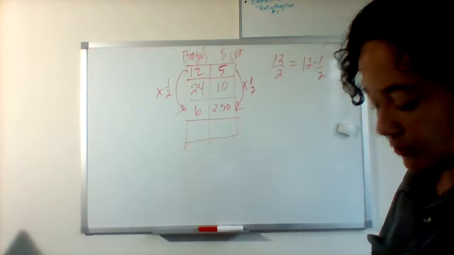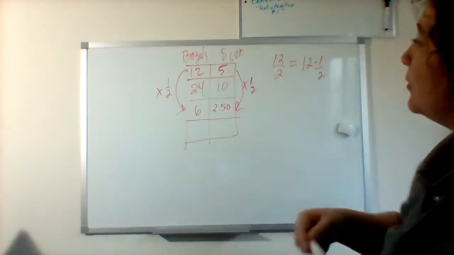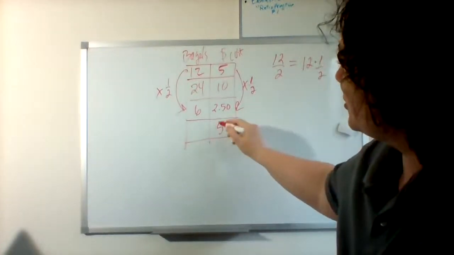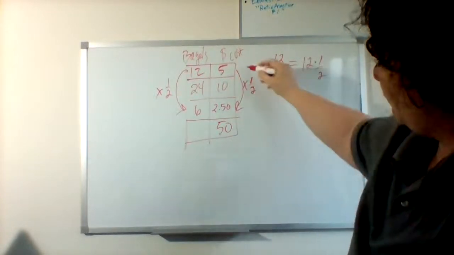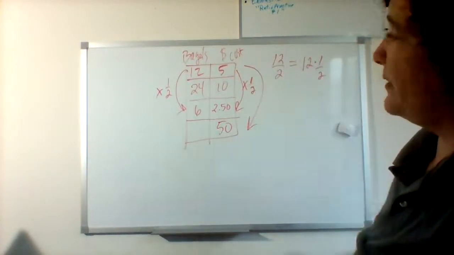So how many bagels can you buy for $50? Well, $50 goes in this column because it's money. How do I get from 5 to 50?